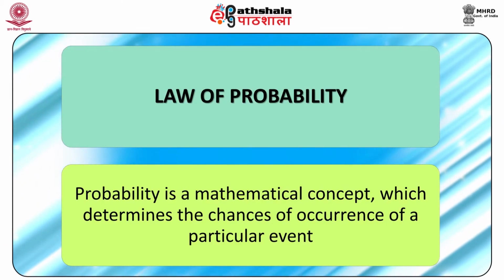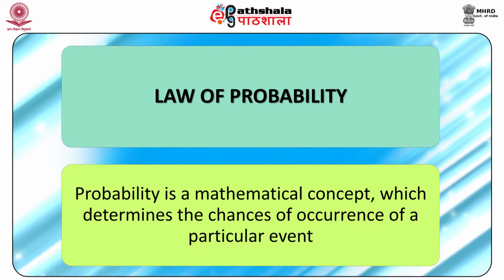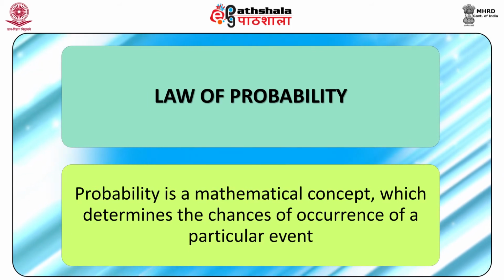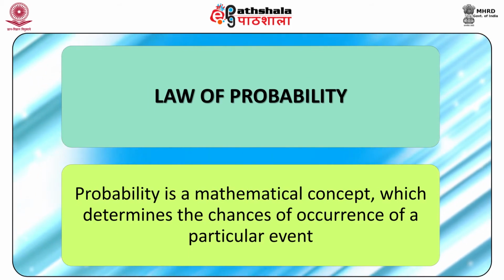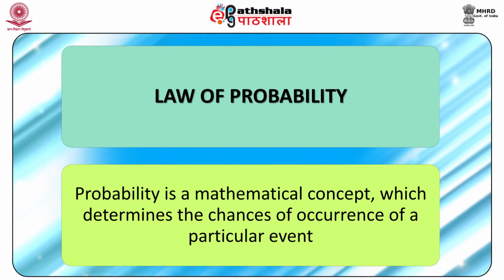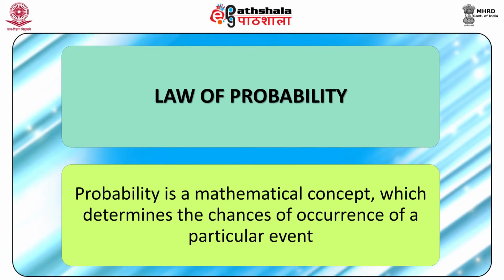Probability is a mathematical concept which determines the chance of occurrence of a particular event in a particular way out of a number of ways in which the event can take place or fail to take place with equal facility.